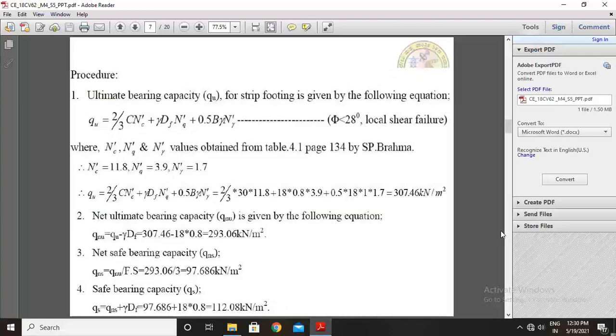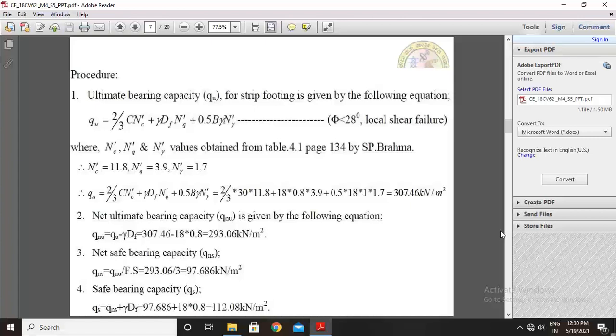Procedure. The ultimate bearing capacity for strip footing is given by the following equation: Q equal to 2/3 C NC dash plus gamma df NQ dash plus 0.5 times B gamma N gamma dash. This equation is based on local shear failure.